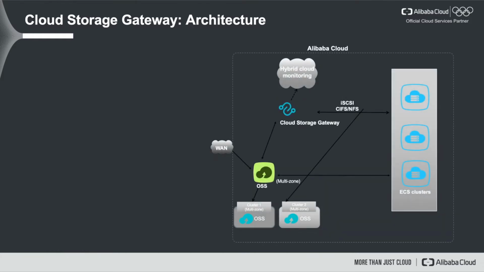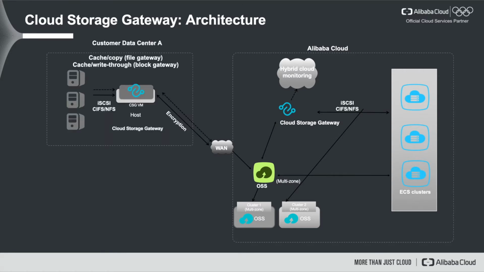In this picture, on the right-hand side, we see the Alibaba Cloud environment. There is OSS, our Object Storage Service, and ECS clusters, which can access the Cloud Storage Gateway using either iSCSI, CIFS, or NFS protocols.